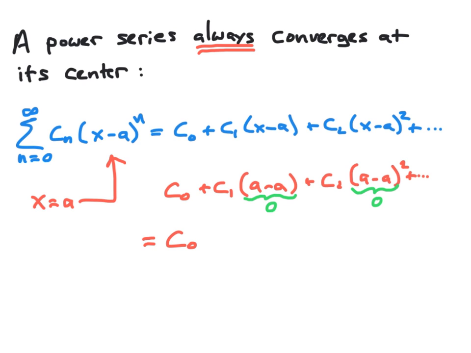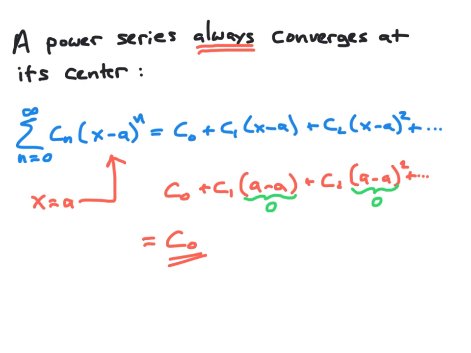And therefore, this general power series centered at a is seen to converge to the coefficient c sub 0 when x is equal to a. In particular, this means that our power series always converges at its center. And note that by letting a equal 0 in this example, we get the exact same result for a power series centered at 0.